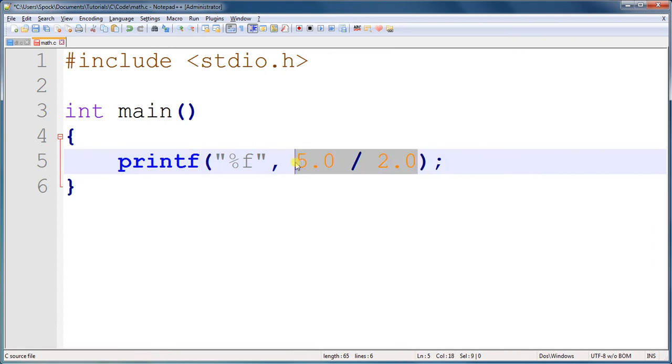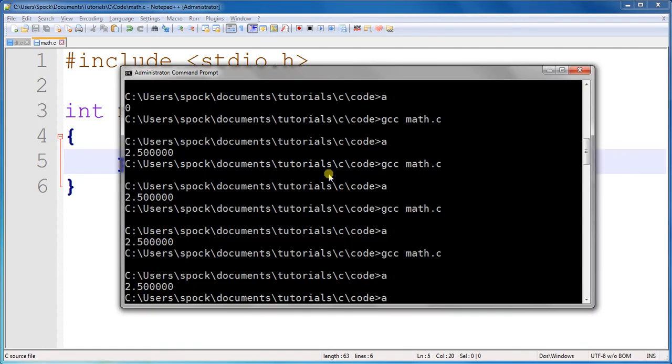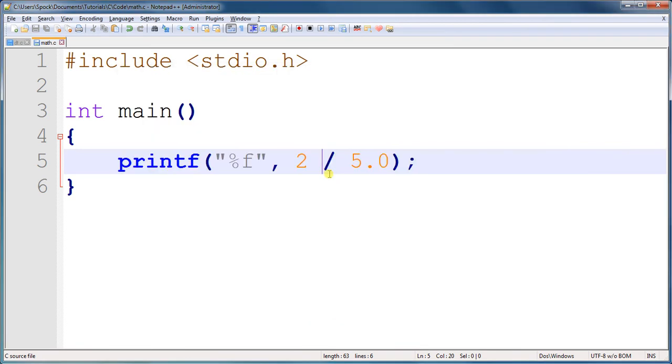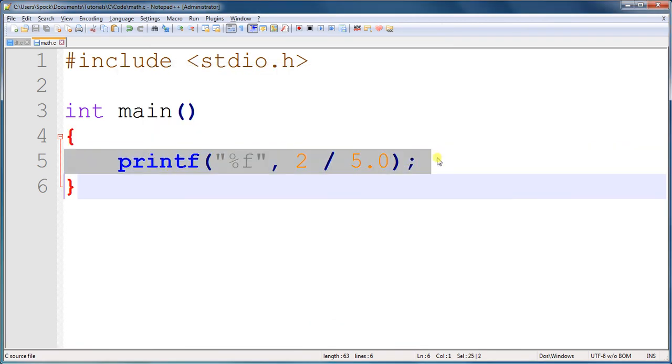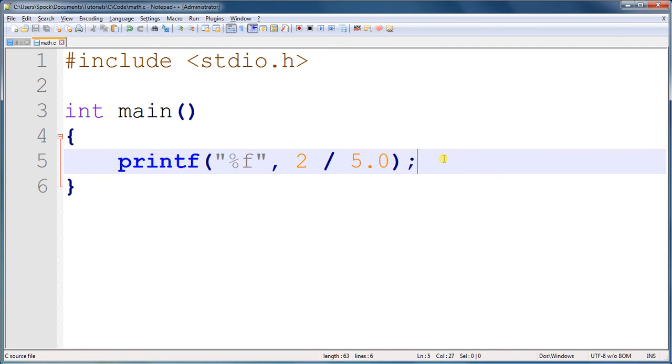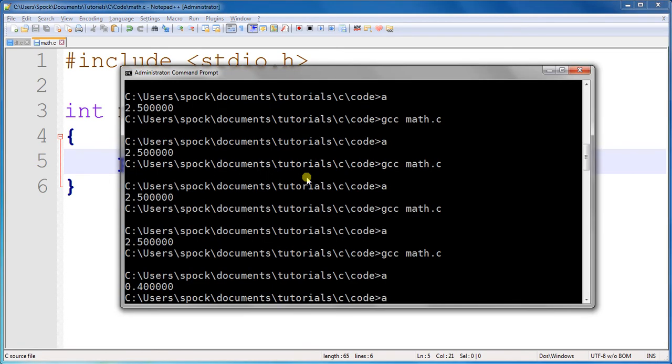And if you did 2 divided by 5.0, it would again convert that 2 to a 2.0 and give you 0.4. I made a mistake there, since 2 divided by 5 is not 1/2. I apologize for that.